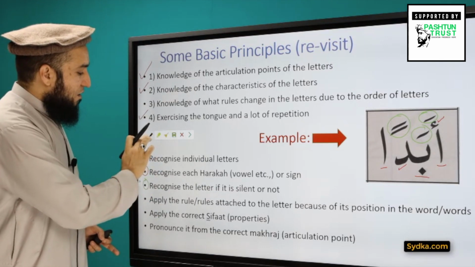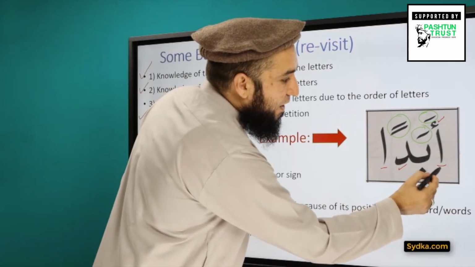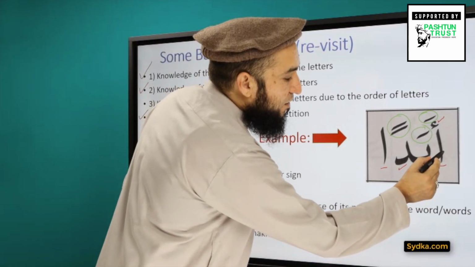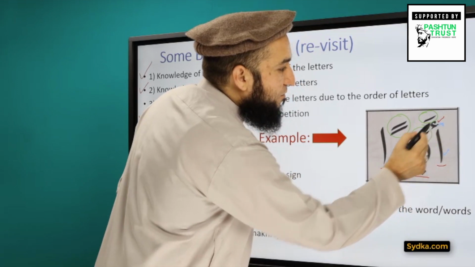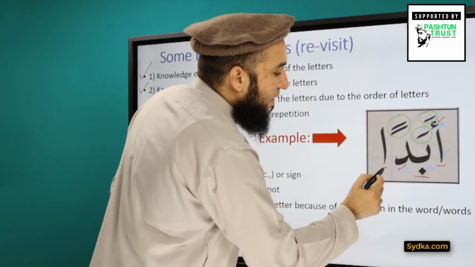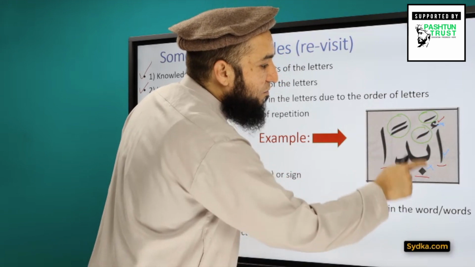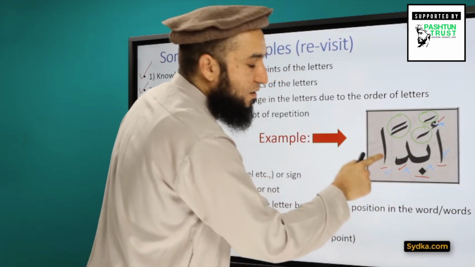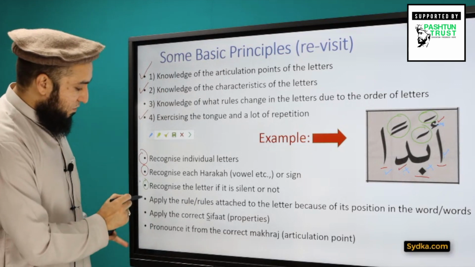Here, alif is silent, hamza is not silent, ba is not silent, dal is not silent, and alif is silent. So we recognize those ones.